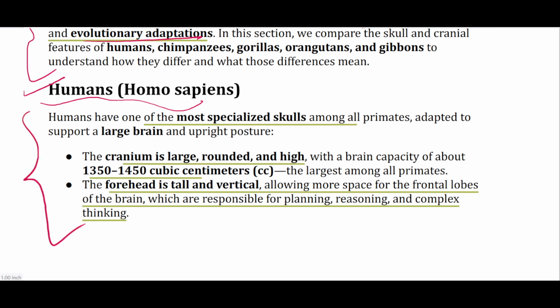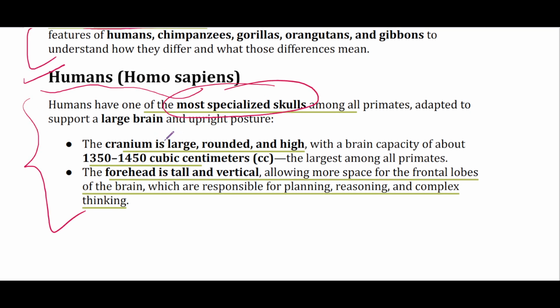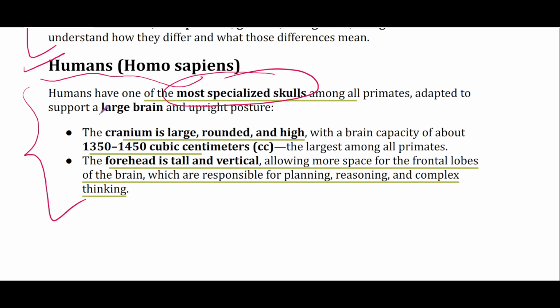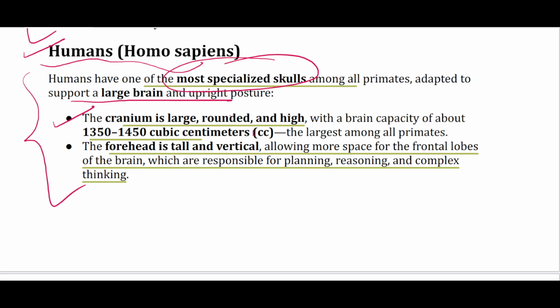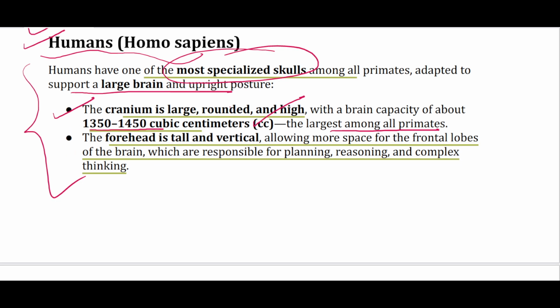So they have the most specialized skulls, which is adapted to support a large brain and upright posture. So the cranium of humans, it is large, rounded, and high, and the brain capacity, the cranial capacity, is the largest among all primates, which is around 1350 to 1450 cubic centimeters.